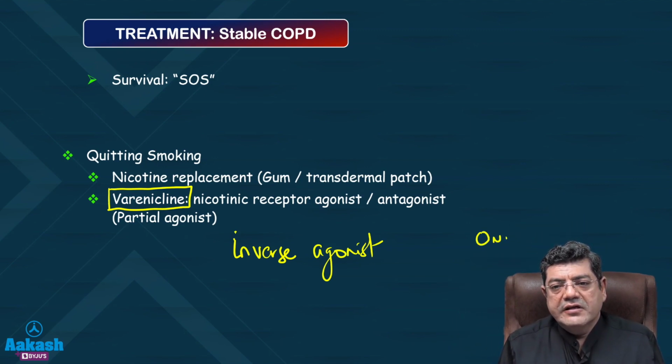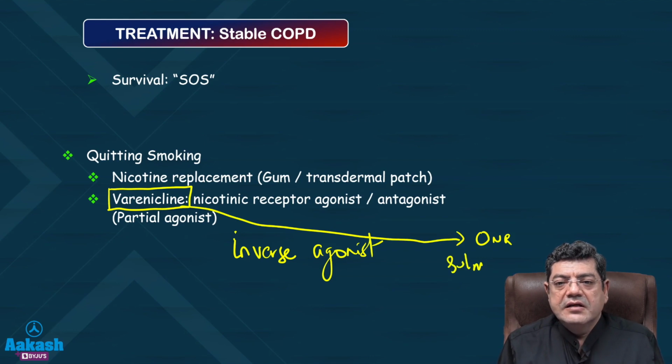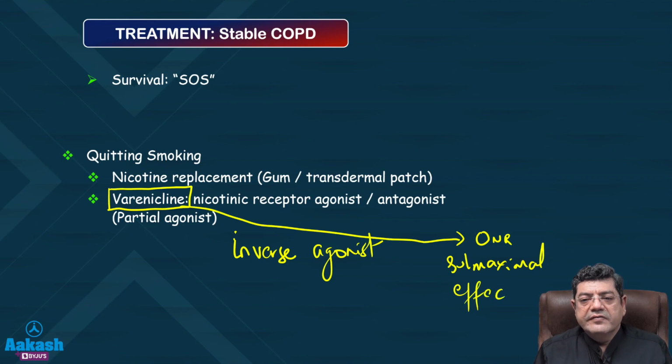If that's the nicotinic receptor, varenicline will bind to this receptor and produce submaximal stimulatory effects. So that even if this person smokes, the nicotine which he gets from his cigarette or his BD or his hookah will not be able to bind to this nicotinic receptor, because varenicline is occupying that receptor and producing a lesser effect than nicotine itself.